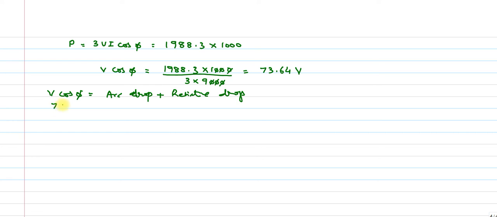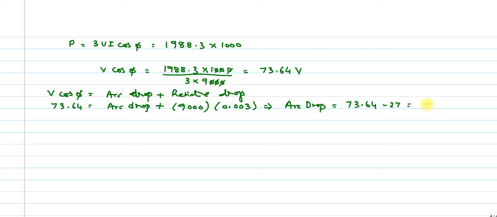V cos phi has been given as 73.64, which is equal to arc drop, which is the voltage across the arc, plus resistive drop, that is current I into R. I has been given as 9000 ampere and R as 0.003 ohm. So arc drop or arc voltage will be equal to 73.64 minus 27, which is equal to 46.64 volt.